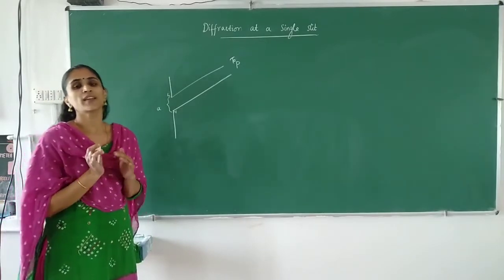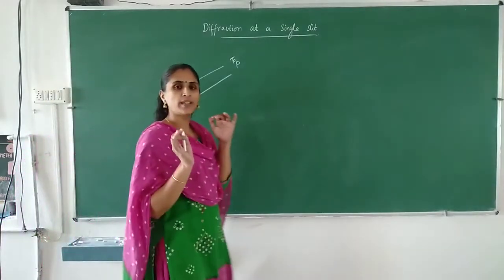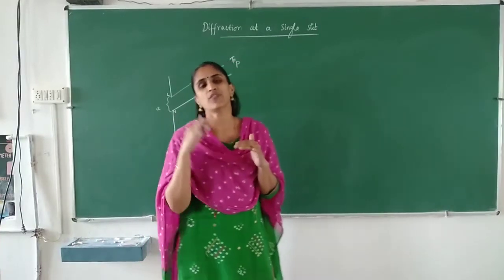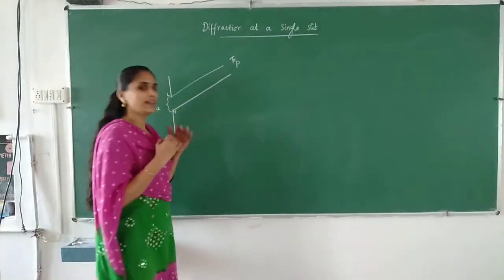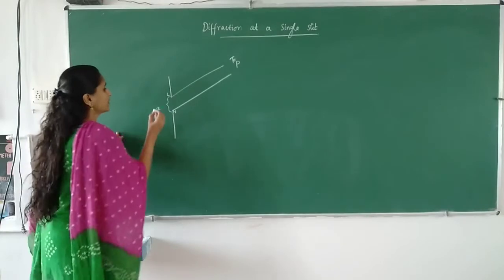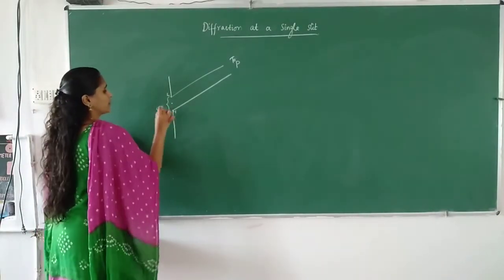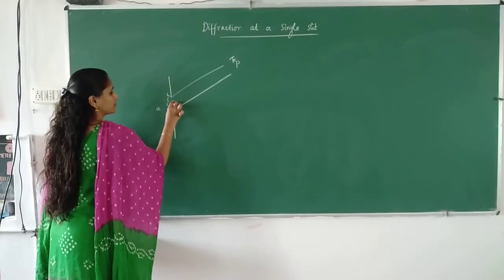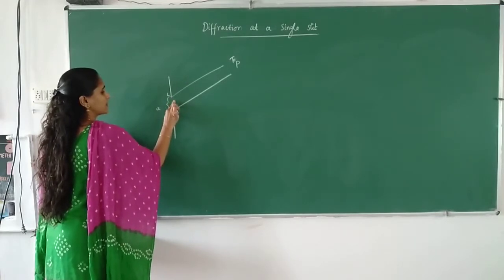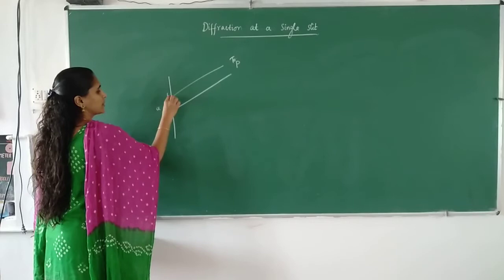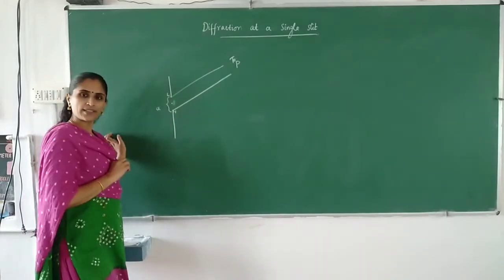We have to find the path difference between the waves traveling from the points L and N. Let M be exactly the center point, that we will discuss later on. M is the midpoint.